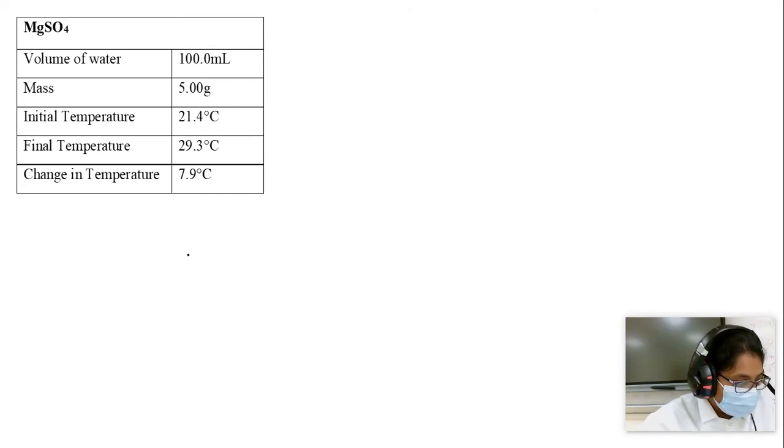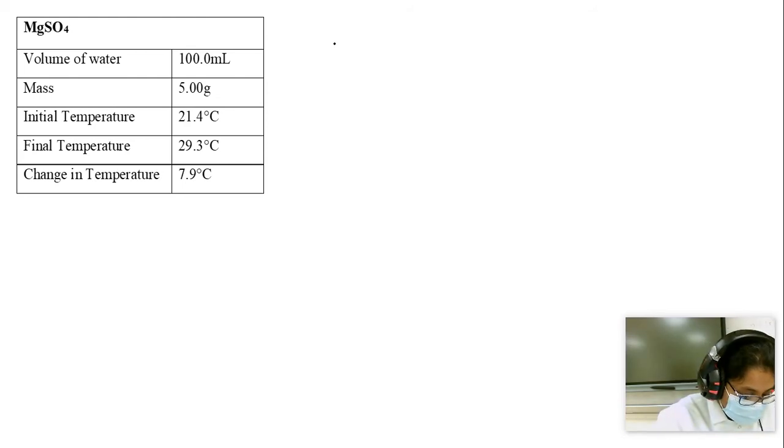Okay, so we will start by figuring out how much thermal energy was released when magnesium sulfate was dissolved into 100 milliliters of water. So you need the mass of the solution.